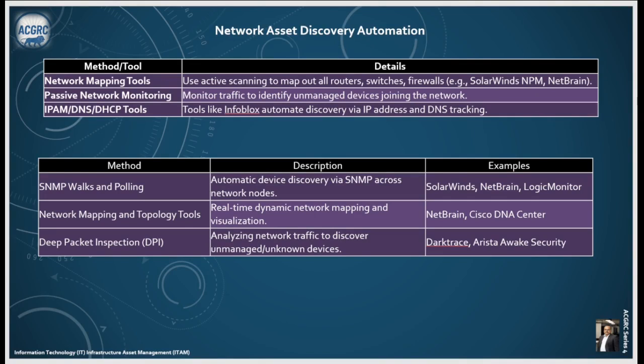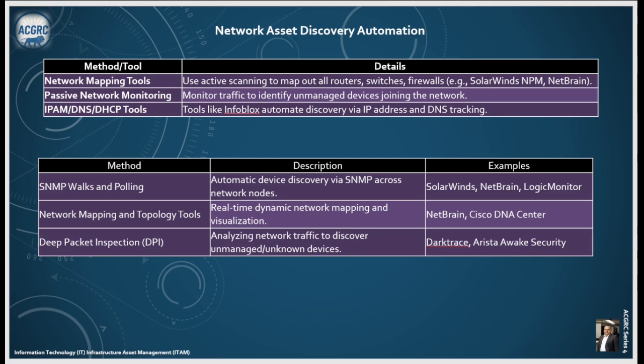Network asset discovery automation involves network mapping tools, passive network monitoring, and IPAM, DHCP, DNS tools. Network mapping tools use active scanning to map out all the assets in a network space. Passive network monitoring monitors traffic to identify unmanaged devices joining the network. Tools like Infoblox automate discovery via IP address and DNS tracking.